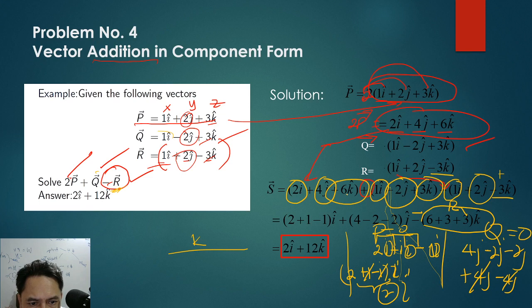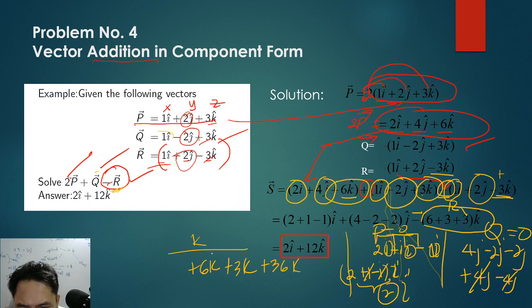So where do we find the K? This one, right? Plus 6K. Then here, plus 3K. Then here, minus, because minus R, minus this one, right? Minus 3K. So plus 3K. Okay?